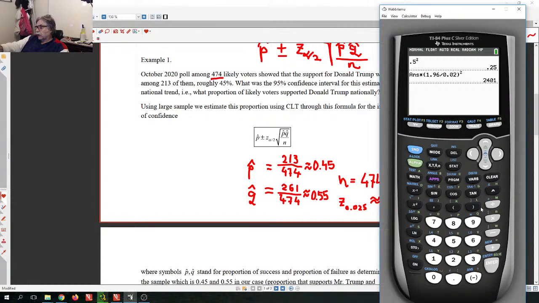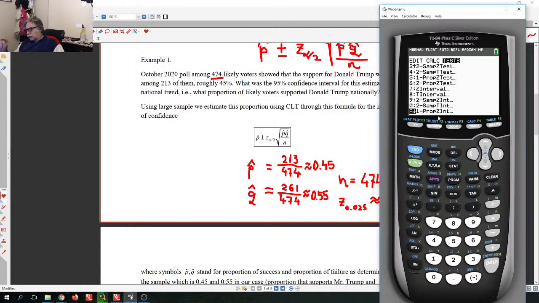So you have to go to statistics, the option of tests ought to be used, and you have to go to the A option, which says 1-PropZInt. You've got to remember that. So you are doing a Z interval for the population proportion. It's only one proportion, so it could be two different things in the population that you're polling. But if it's only one proportion and it's a Z interval, this is to be used.